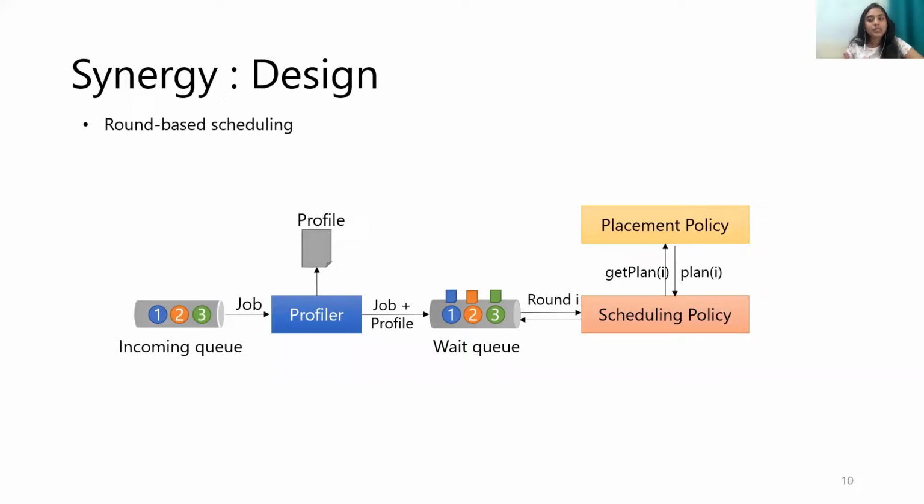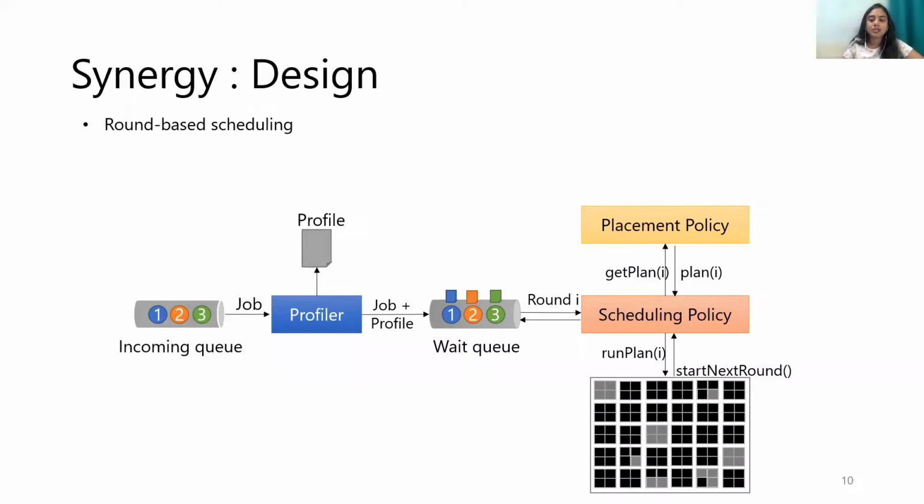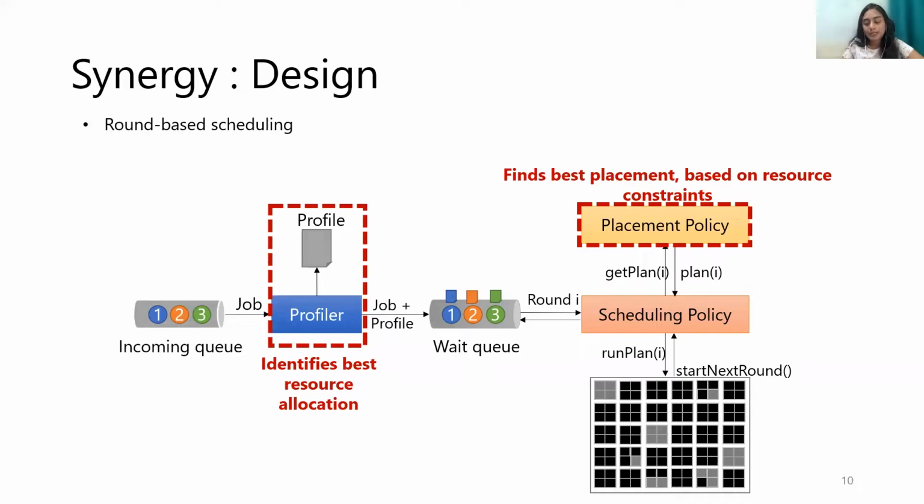And in each round, Synergy's placement module will identify the next set of jobs to run, their resource allocations, and their placement decisions in order to create an execution plan for that round. And it deploys these decisions onto the cluster. So the two primary components in Synergy are profiling and placement.